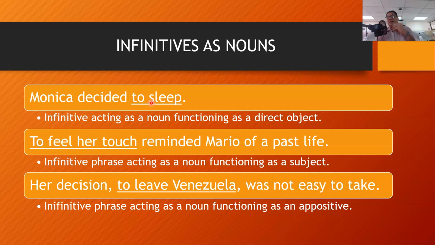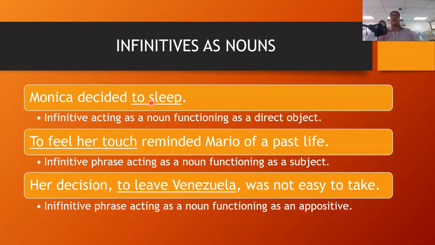Teacher, but can it be a pronoun? Well, no, because remember that infinitives adopt three different parts of speech: nouns, adjectives, and adverbs. So if it is behaving as the subject, then by force this is a noun. So what reminded Mario of a past life? To feel her touch. That's what reminded him of a past life. So it is acting as the subject.